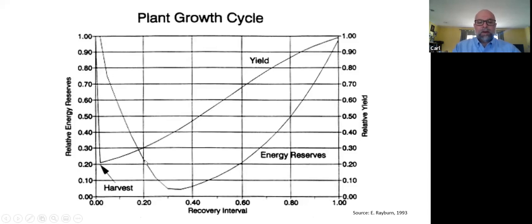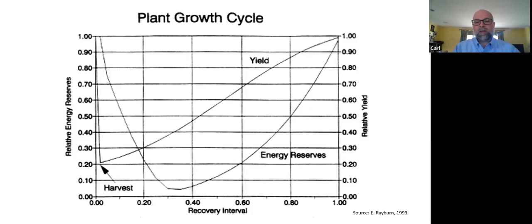This line here are those carbohydrates or those energy reserves. And again, you start out at 100%. And then after harvest, there's a big drawdown on those carbohydrate reserves because the plant doesn't have enough leaf area to generate enough energy to fuel that growth.